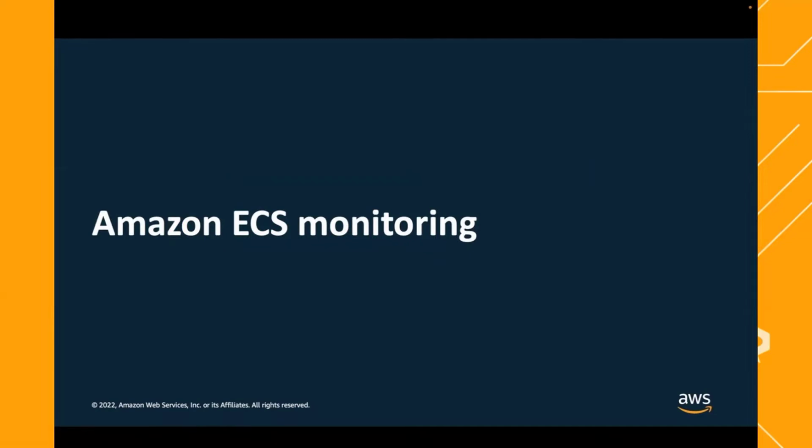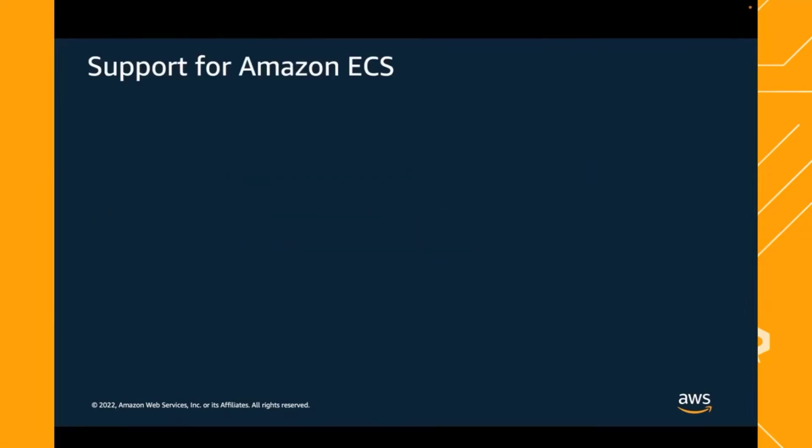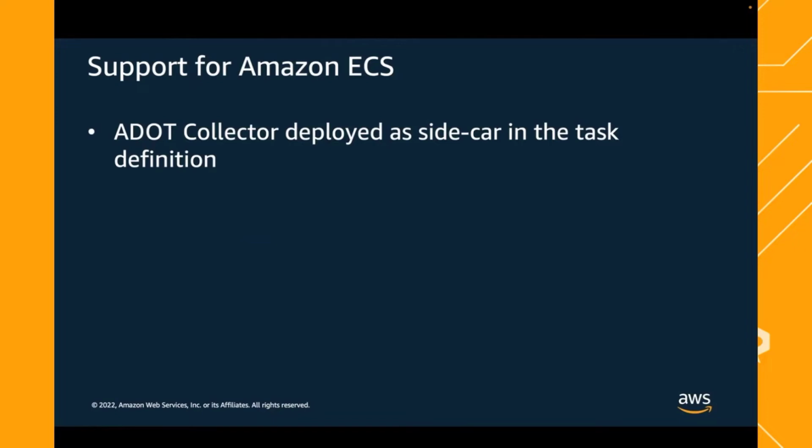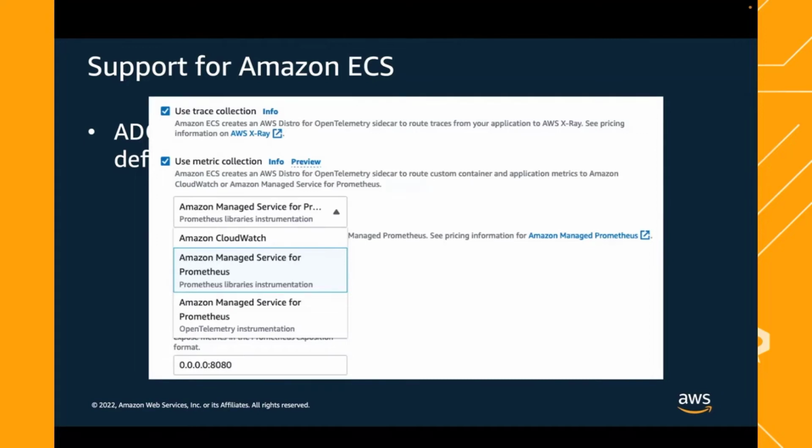When it comes to Amazon ECS, in the new console experience, you have a really easy way to collect metrics and traces from your ECS tasks. In the new ECS console, when you create a task definition, you should be able to see options to collect traces and metrics using the AWS distro for OpenTelemetry Collector.